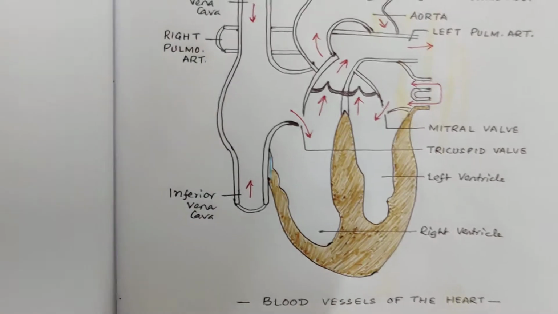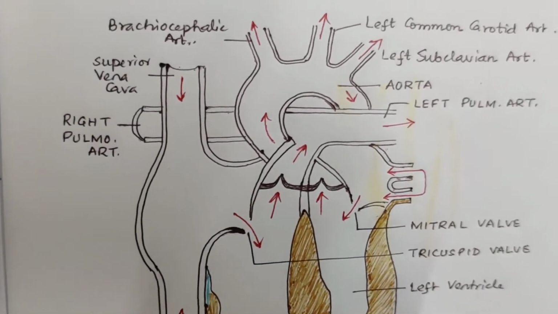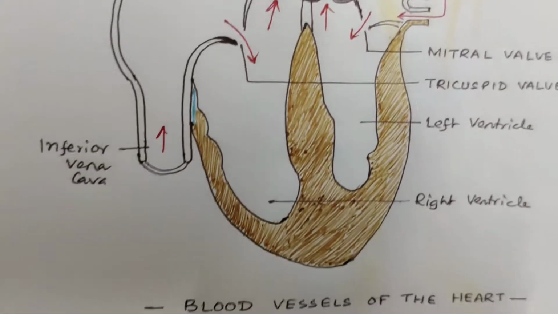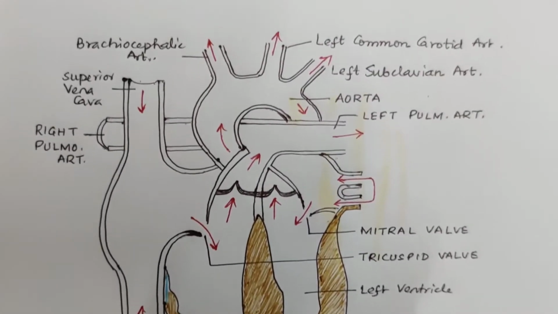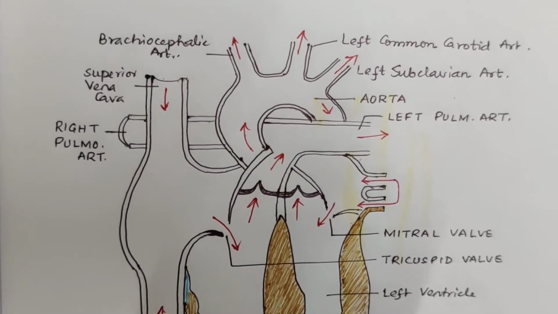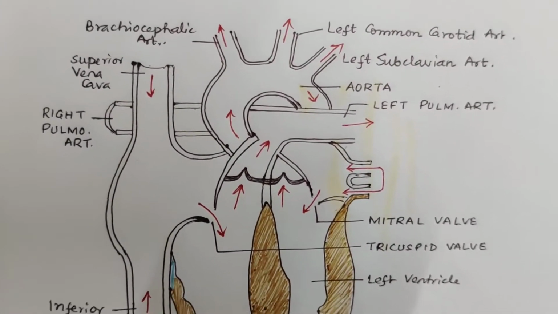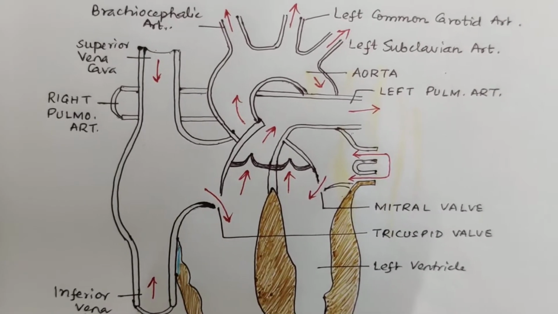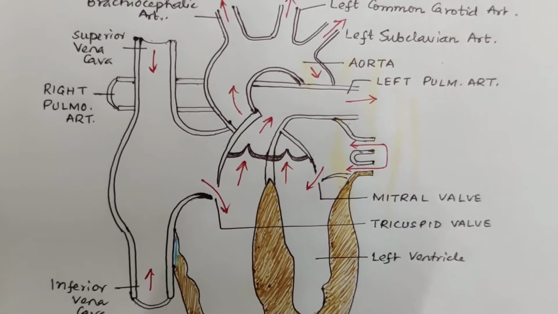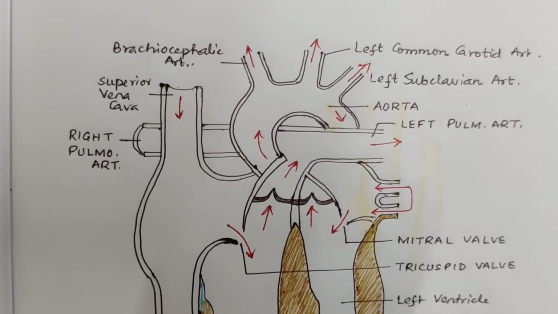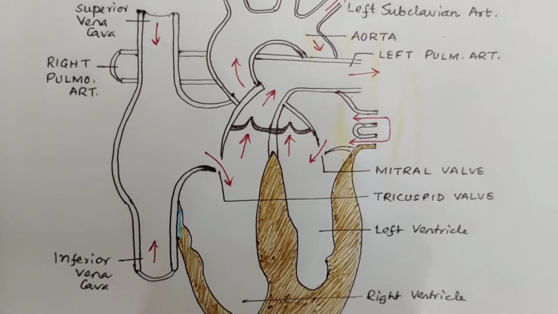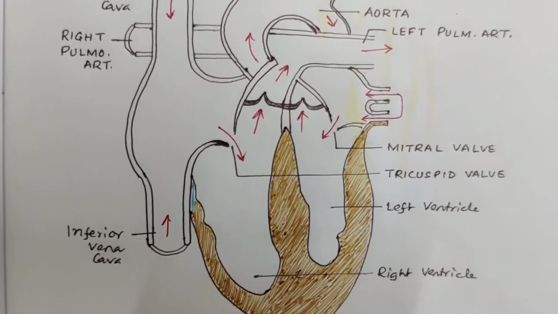So now coming to the heart. These are blood vessels of the heart. Just have a look at them. Common carotid, brachiocephalic artery, left subclavian artery, then veins, superior vena cava, inferior vena cava.